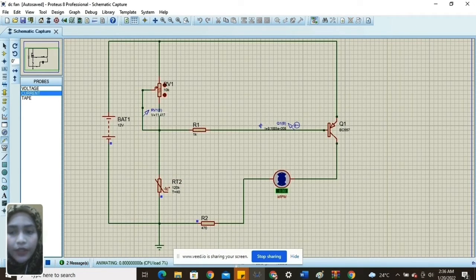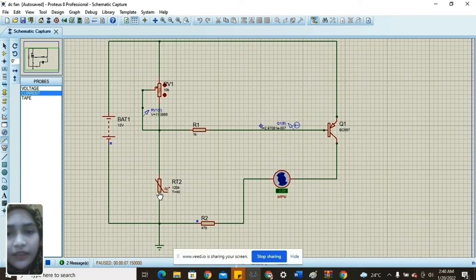I press run. As we can see here, the DC fan is off, since we set the DC fan to be off when the temperature is below 50 degrees Celsius.